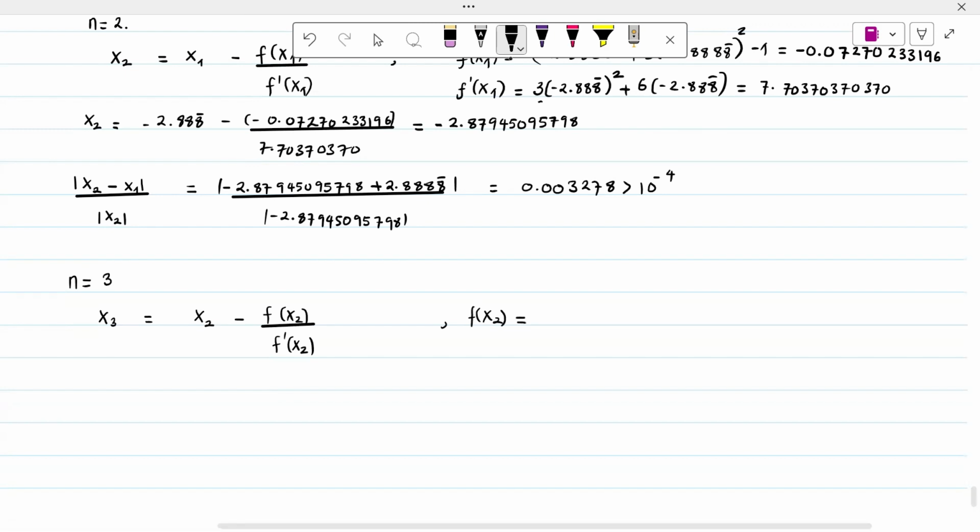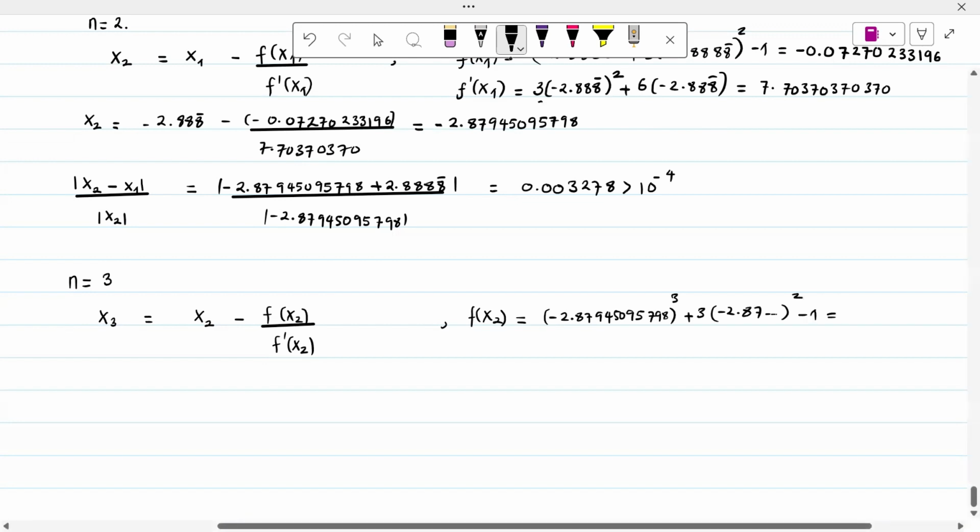So f of x2 would be equal to, so our x2 was what? Negative 2.87, 9450 somewhere there, and then 95798, the power 3, plus 3, negative 2.87, squared, minus 1, right?